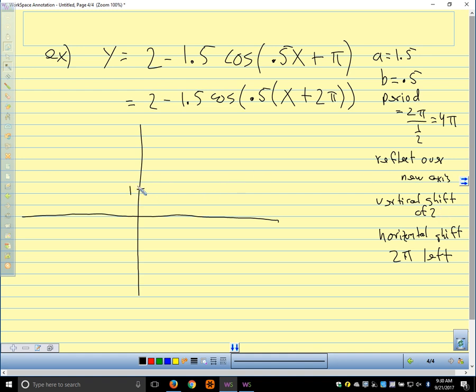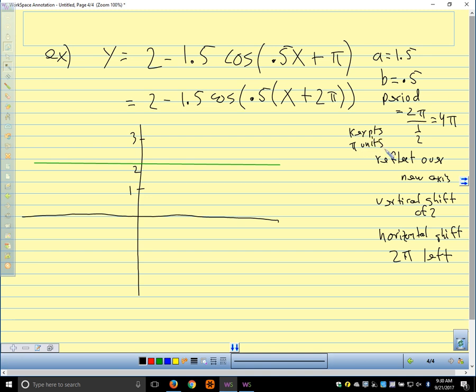So I'm going to say there's 1, and I'll do a green line there. There's 2, and there's 3. And because my shift is 2 pi and my period is 4 pi, oh, I need my key points every pi units.